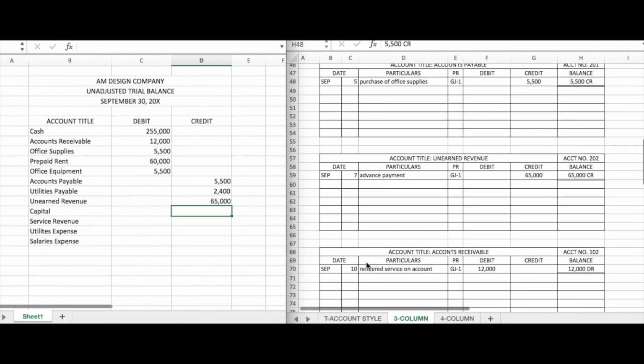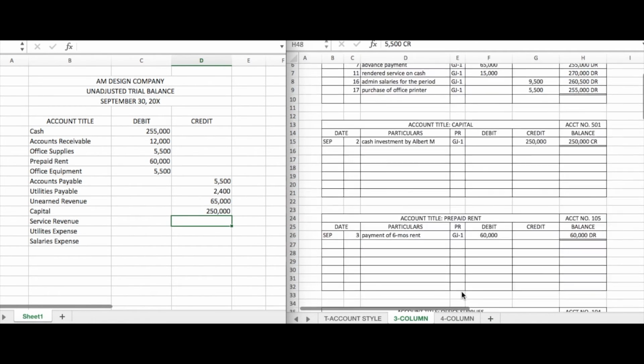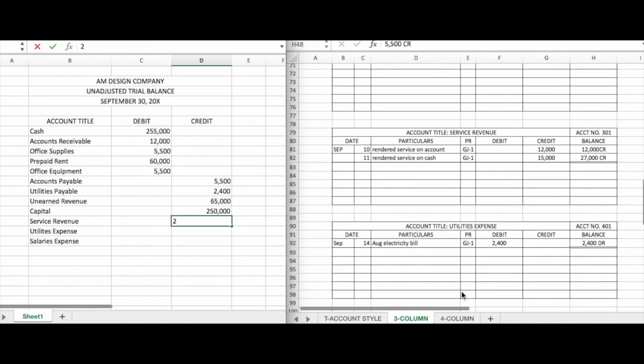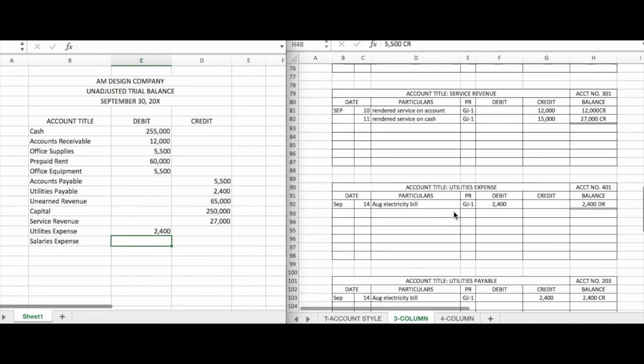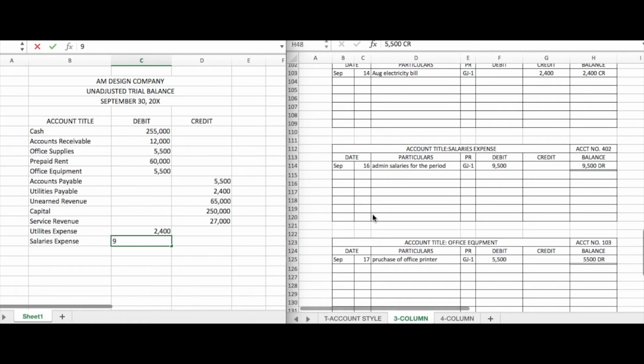Okay, capital, 250,000. Okay, service revenue, that would be 27,000. Normal balance of credit. Utilities expense, that's 2,400 debit. Then salaries expense, 9,500 debit.